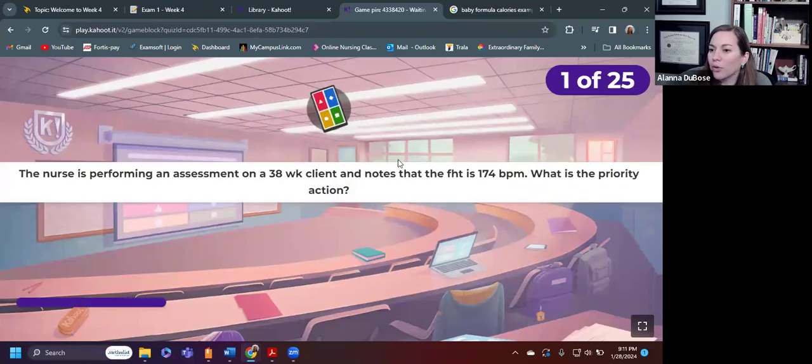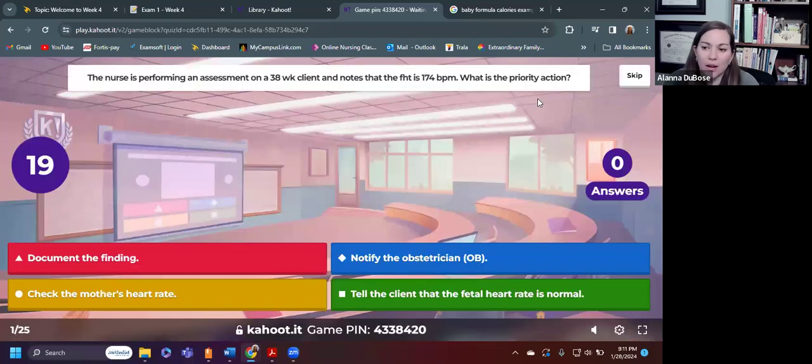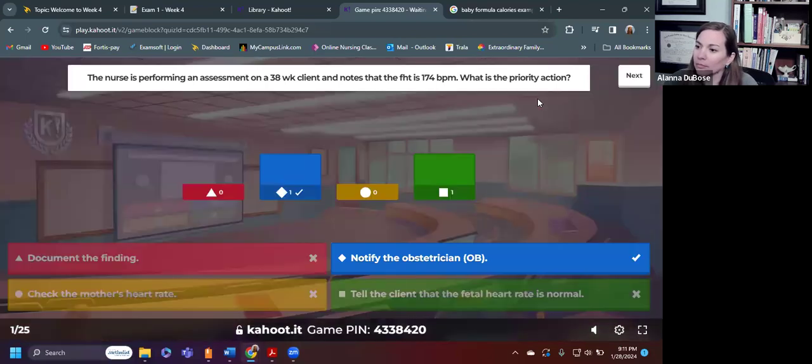The nurse is performing an assessment on a 38-week client and notes that the fetal heart tones are 174 beats per minute. What is the priority action? Document the finding, notify the obstetrician, check the mother's heart rate, or tell the client that the fetal heart rate is normal. The answer is notify the obstetrician.